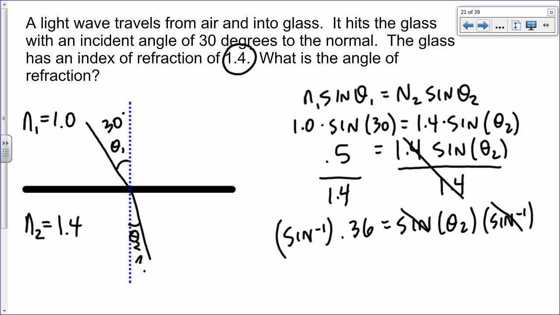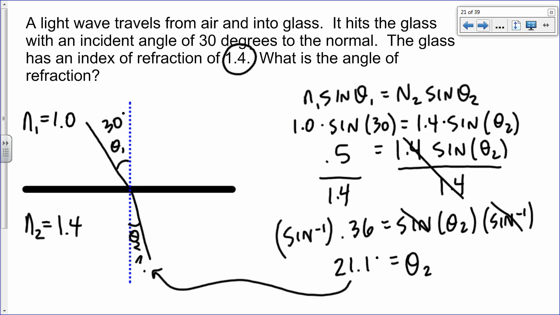The inverse sine of 0.36 is 21.1 degrees. So this angle here is 21.1 degrees. The angle changed, right? It was 30. Because it changed mediums, it slowed down. Because it slowed down, it got shifted, and now it's only 21.1.